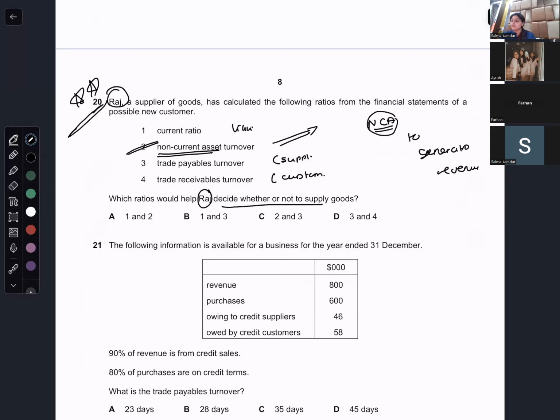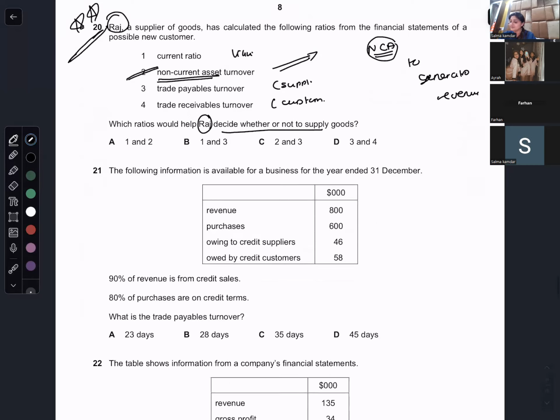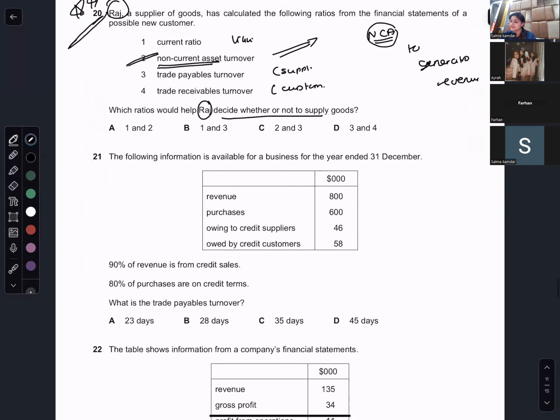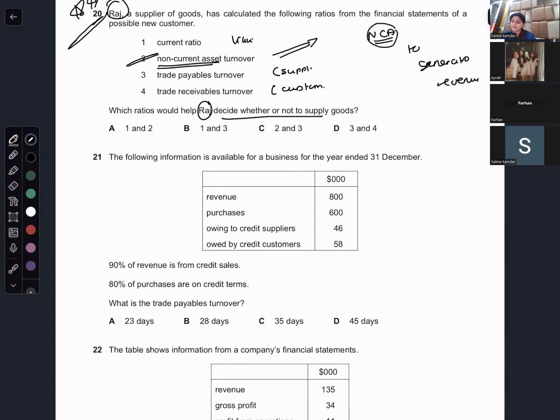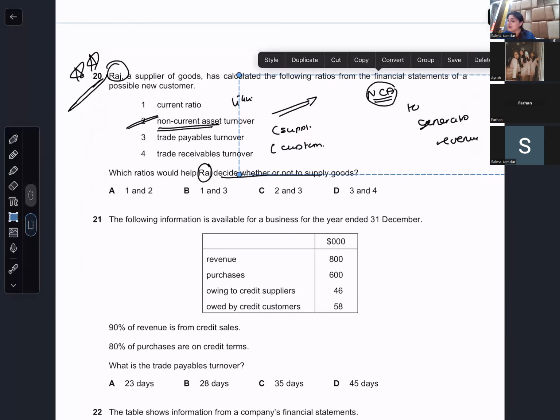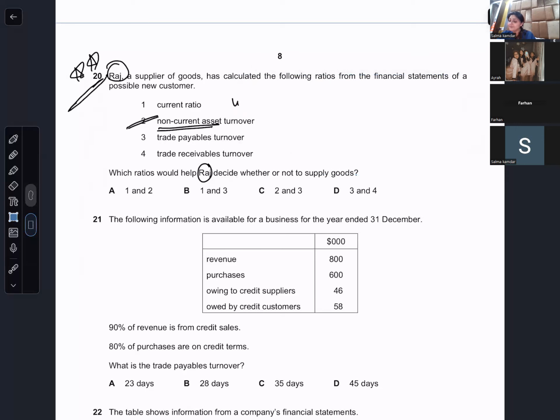Are you with me? The answer is 1 and 2. One minute, wait. My bad. Non-current asset turnover will tell you how well your company uses its non-current assets to generate revenue.